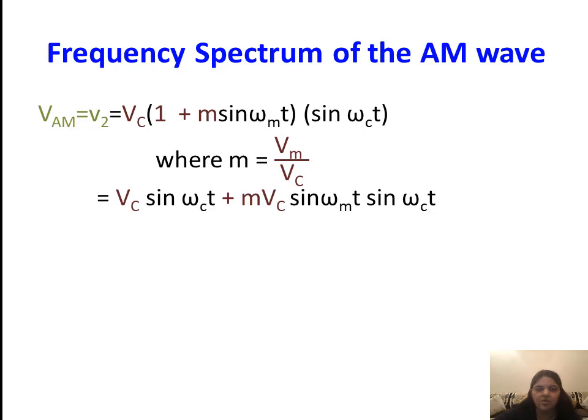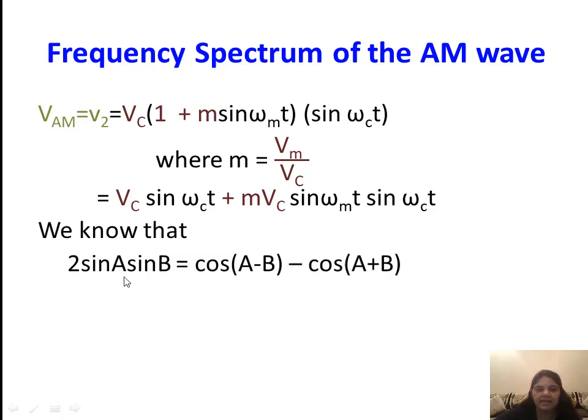Now we are just opening this equation. So sin ωc t will multiply Vc sin ωc t plus m Vc sin ωm t sin ωc t. Now we know that 2 sin A sin B is equal to cos(A minus B) minus cos(A plus B).